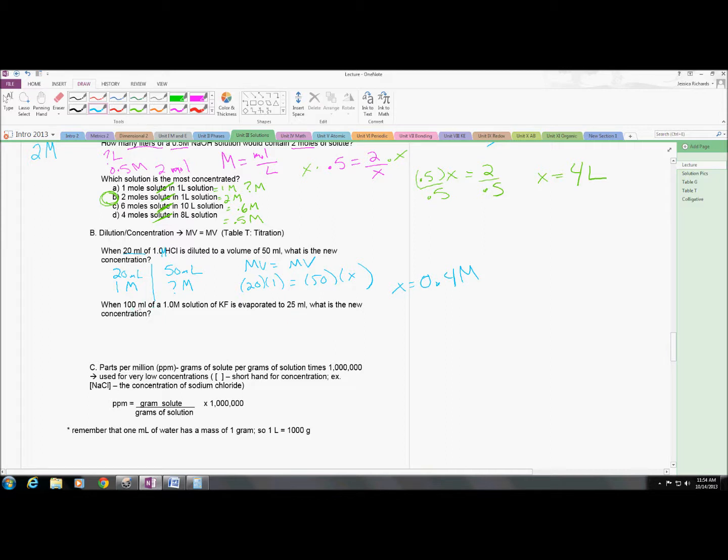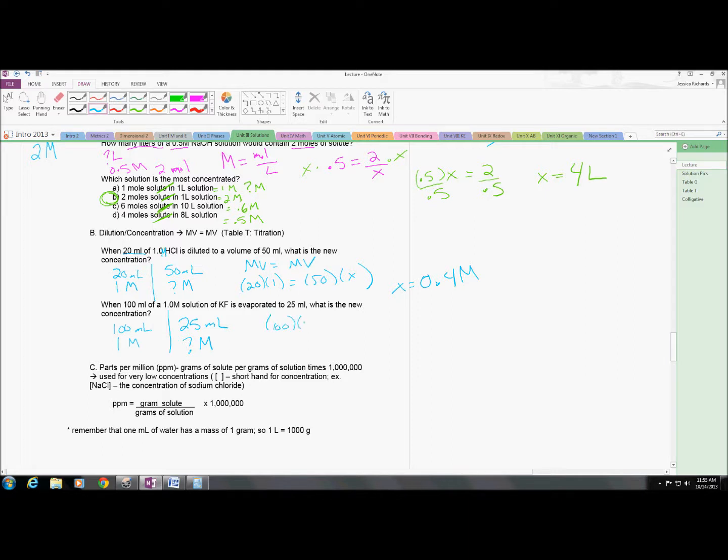Next problem, 100 milliliters of a 1 molar solution of KF is evaporated down until it has a volume of 25 milliliters. What is the new concentration? Again, we're using milliliters. You don't have to convert that volume into liters as long as both of these are milliliters. Because of the math that we're doing, the units will cancel out.